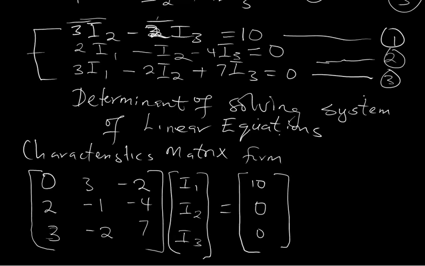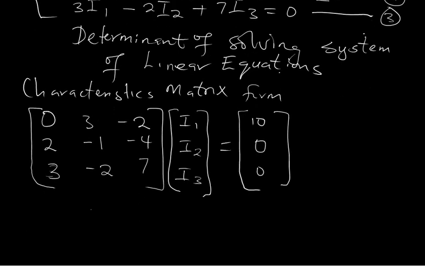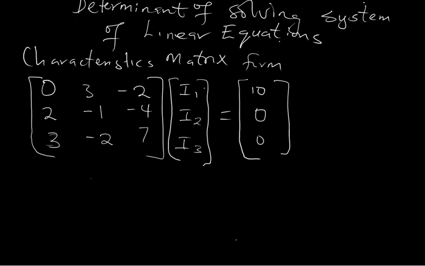So how do we use determinants to solve for I1, I2, and I3? If you want to solve for I1, you divide the determinant of the coefficients, with the coefficient of I1 replaced by the constant values, by the determinant of the coefficients. The first column is the coefficient of I1, the second column is for I2, and the third column is for I3.